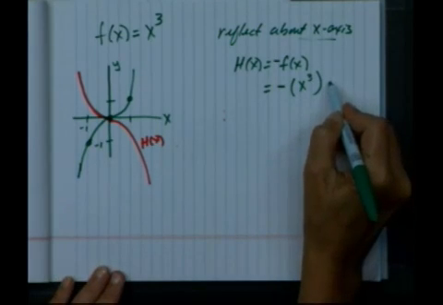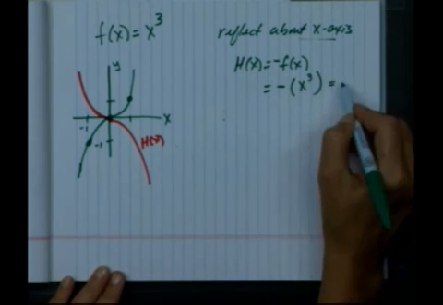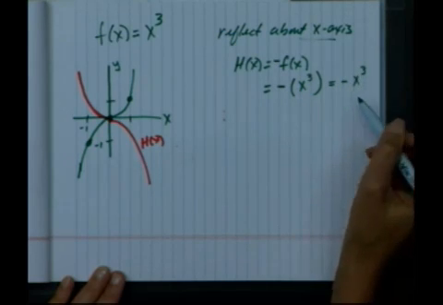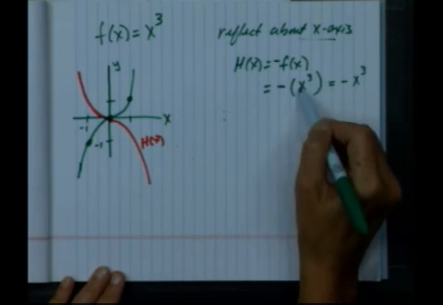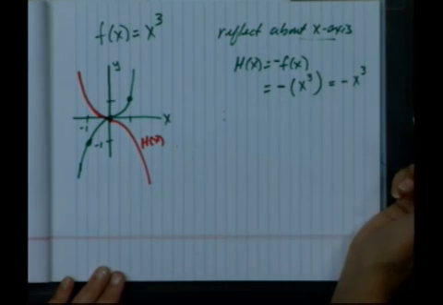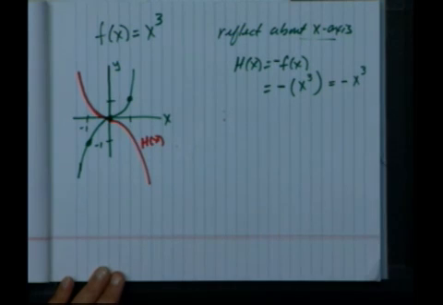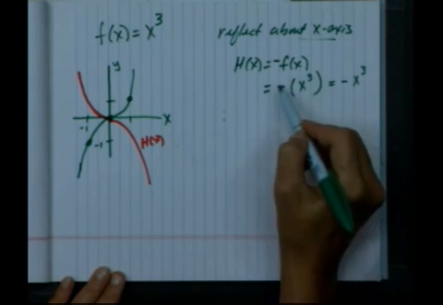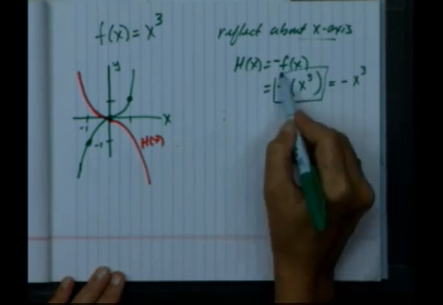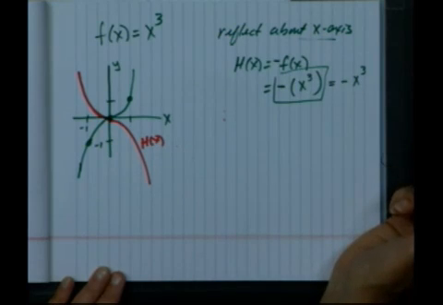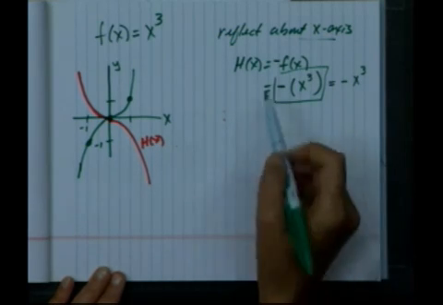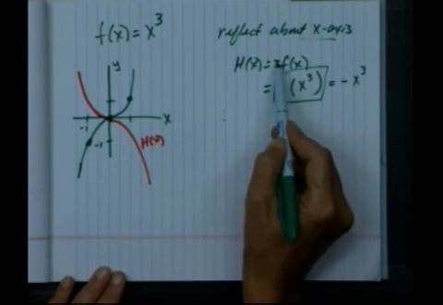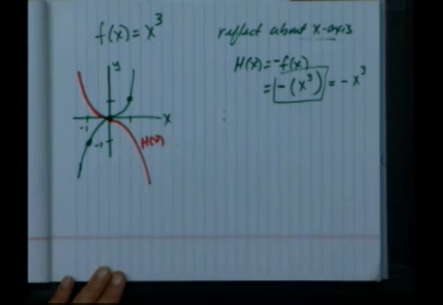Now I realize that if I multiply this out, that's going to also be equal to minus x cubed, because x cubed, whatever it is, and then you'll have a minus there. That's because that's an odd function. This is the answer I'm sure WebAssign is looking for, probably. It took both. That follows the definition that you take your old function and you take the negative of the y values.